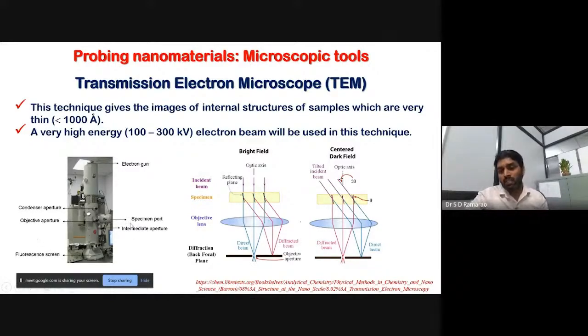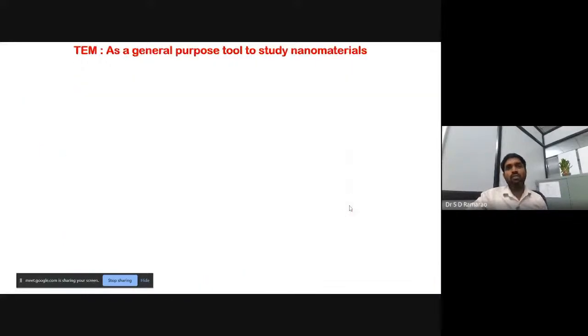If you pass a diffracted beam through the aperture, we call that dark field, and if you use the direct beam, you call that bright field. Don't worry about these theoretical things, we'll see. Generally we go with dark field imaging, which gives very good contrast images. So let me quickly show.